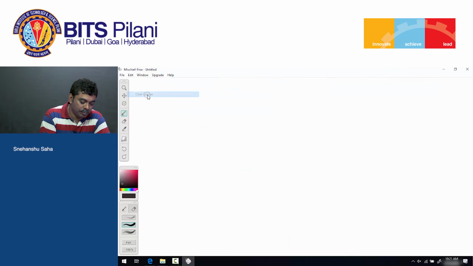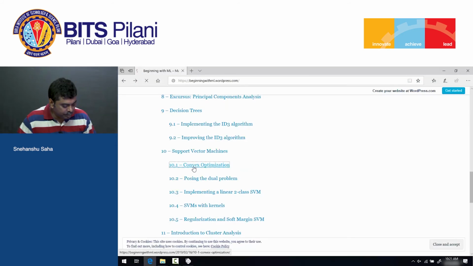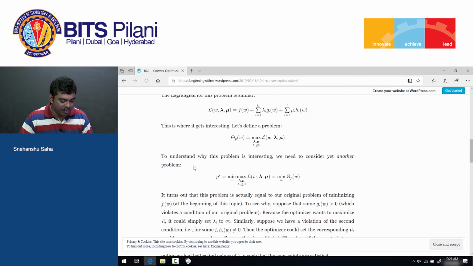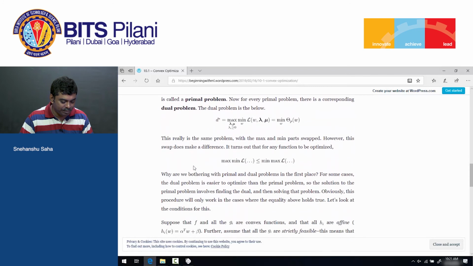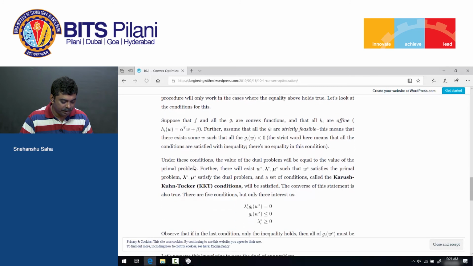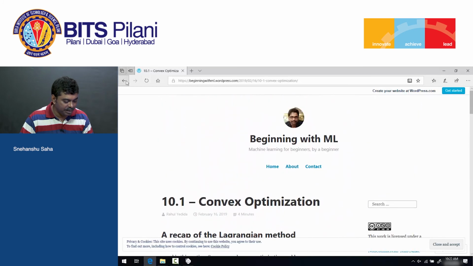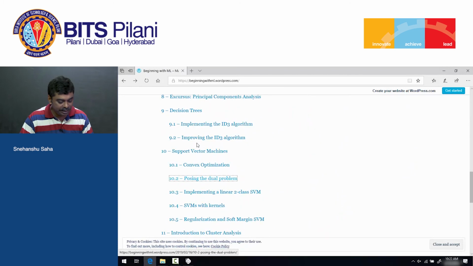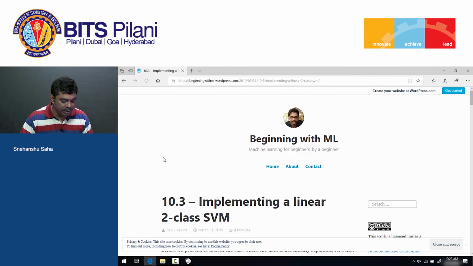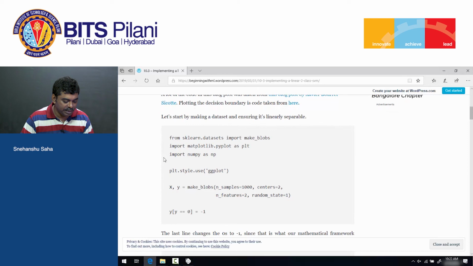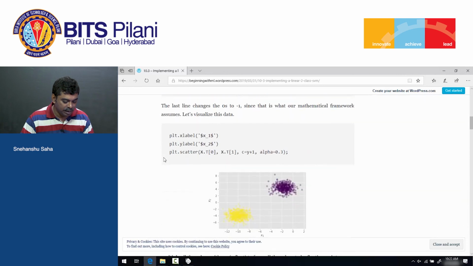Let me go back to the blog and show you basically the same formulation, the primal problem. It's written in a similar manner. If I go back, I would also mention the Karush-Kuhn-Tucker conditions, which I did not mention here explicitly. This particular subsection shows you how to implement a linear two-class SVM from scikit-learn.